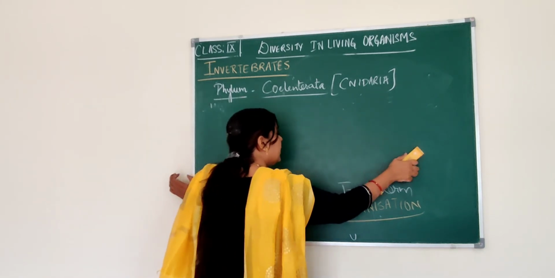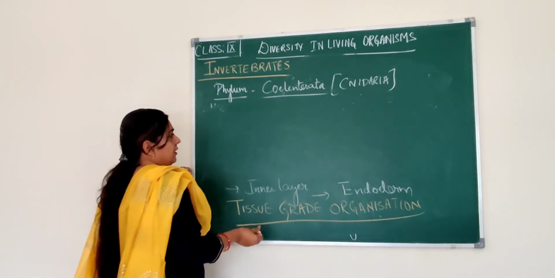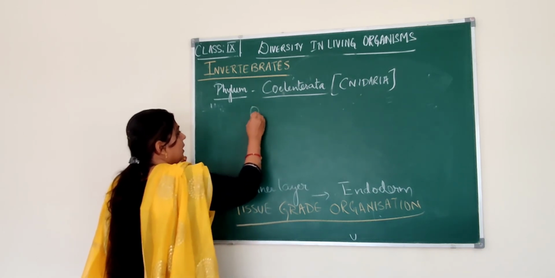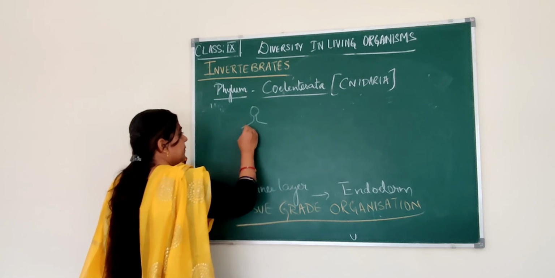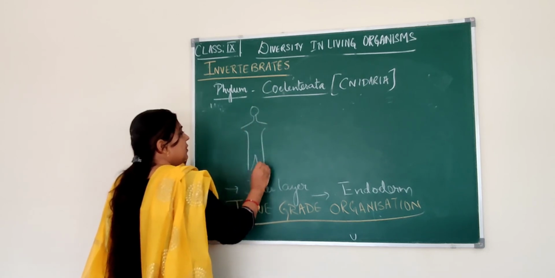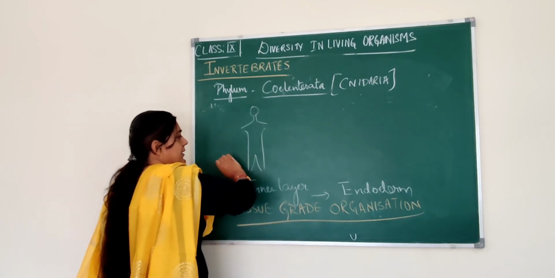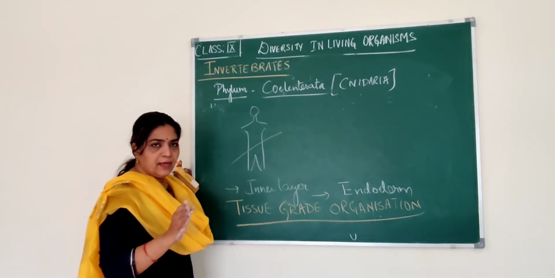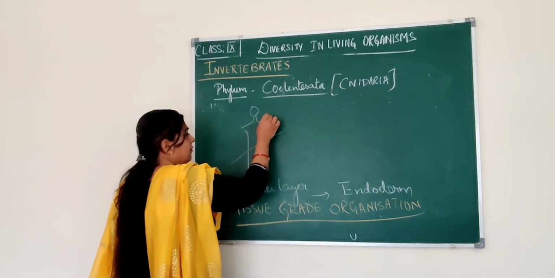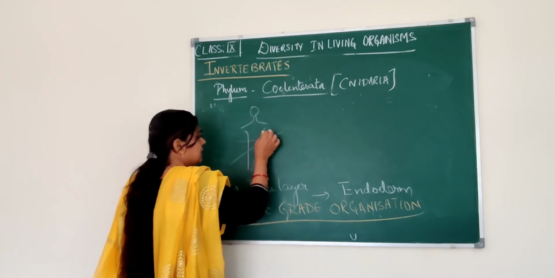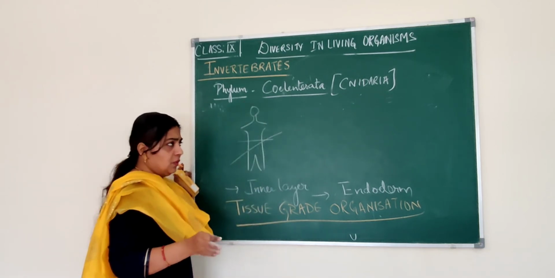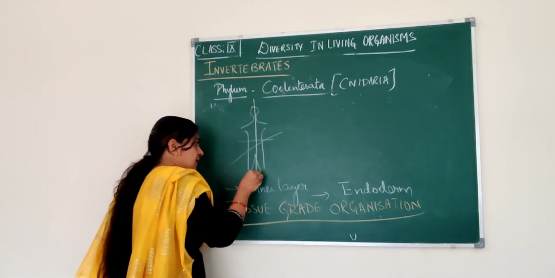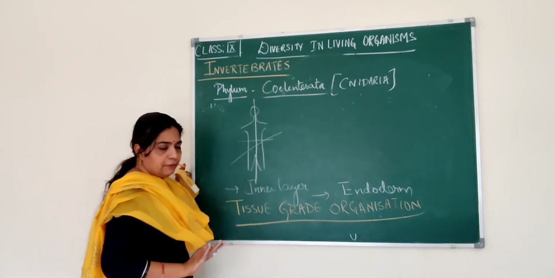And when you look at the body symmetry, you can cut the organism through any plane, right? So if at all we talk about our body symmetry, if this is our body, if we cut our body like this, do you get two equal halves? No. If we cut our body like this, do we get 2 equal halves? No. Only if we cut our body like this, we get 2 equal halves.